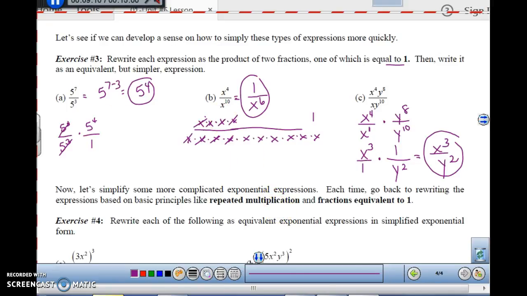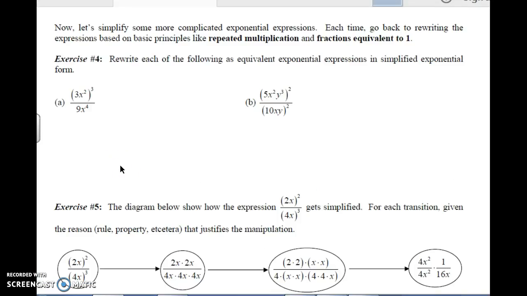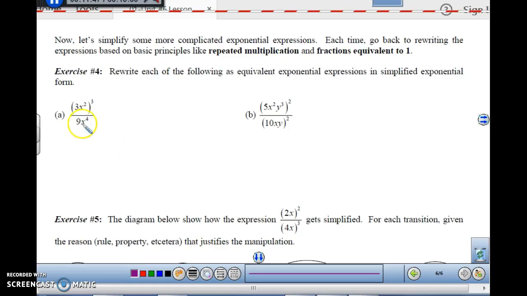So when you divide, you subtract the exponents and put them where it's bigger to keep the exponents positive. All right, let's try some more complicated ones. Let's combine a couple of rules. Rewrite each of the following as equivalent exponential expressions in simplified exponential form. Basically, get it down to a single number, base, and exponent. So (3x squared) cubed over 9x to the 4th. First of all, we have to deal with the cubed.